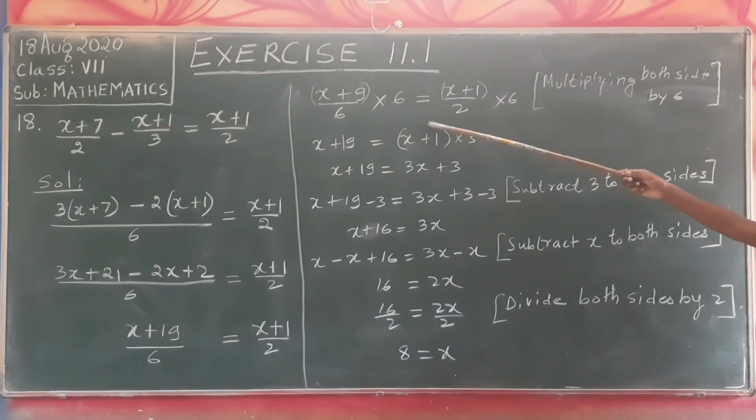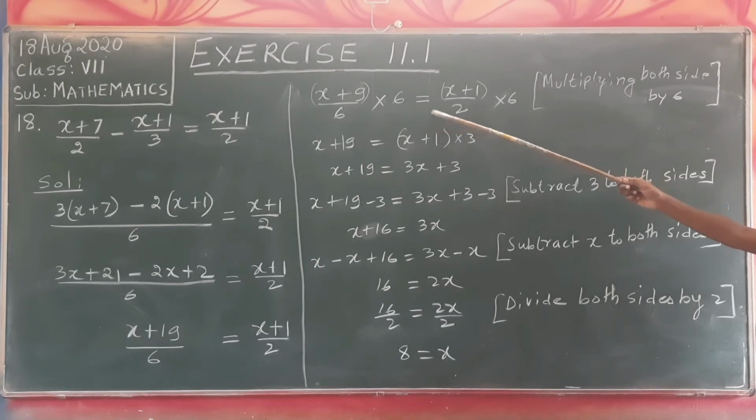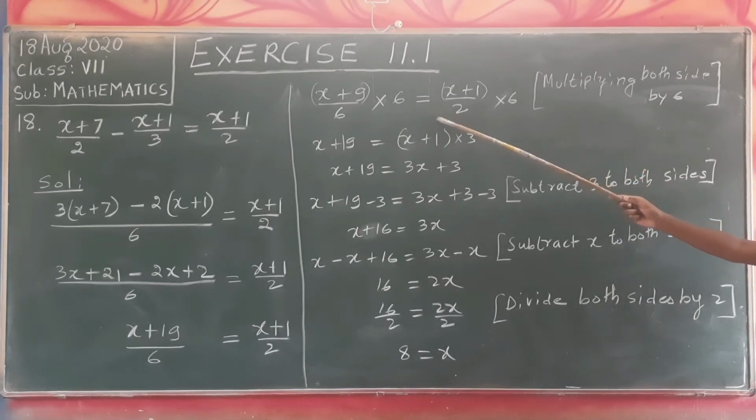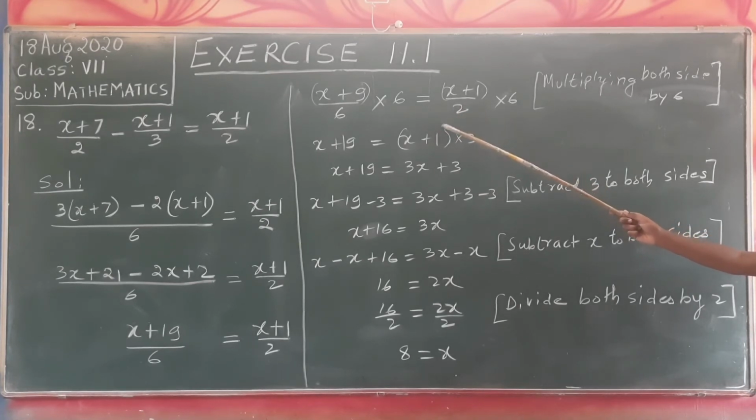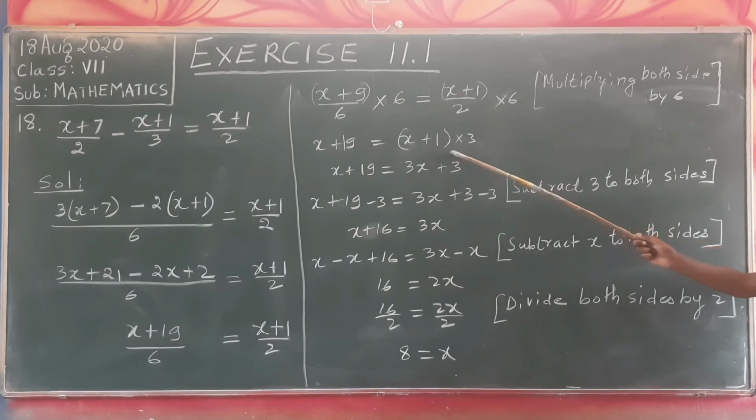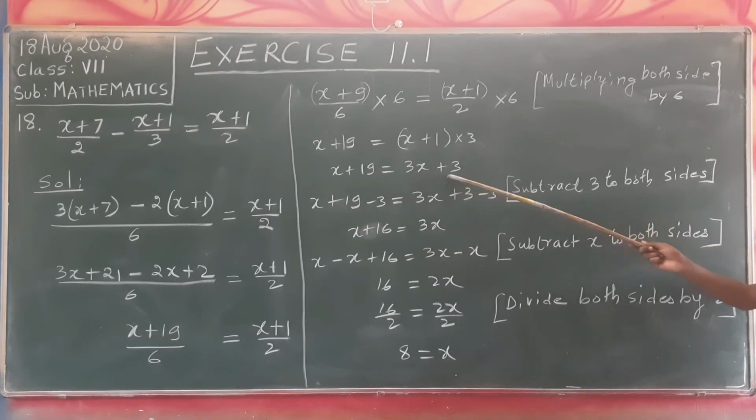In order to remove the denominator 6 on the left hand side of the equal sign, we have to multiply both sides by 6. So on multiplying and cancelling we get on the left hand side x plus 19 is equal to (x plus 1) into 3. On simplifying, in the next step we get x plus 19 is equal to 3x plus 3.